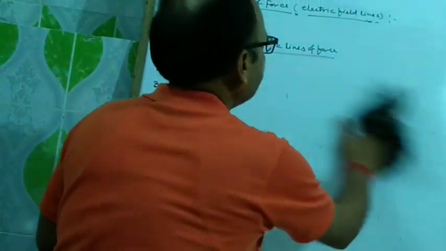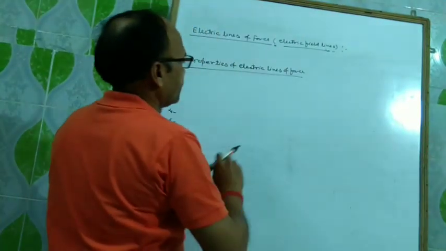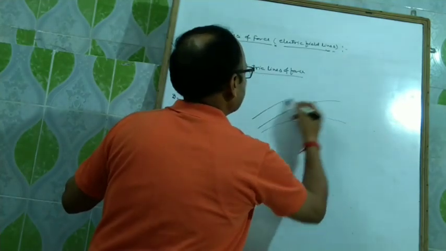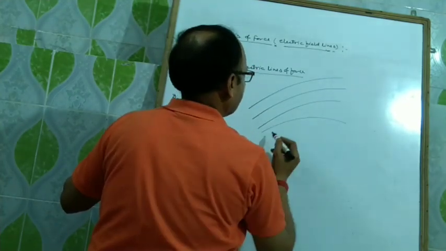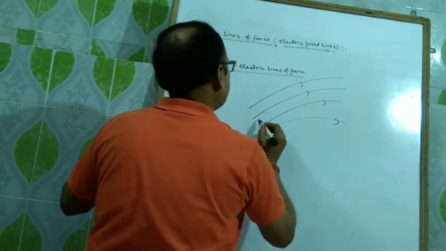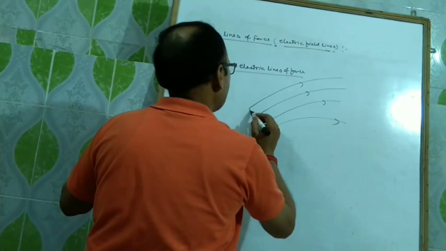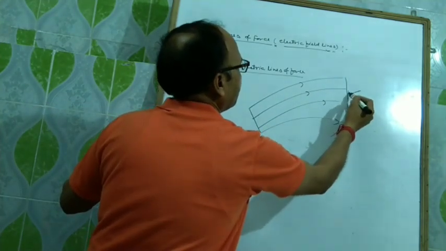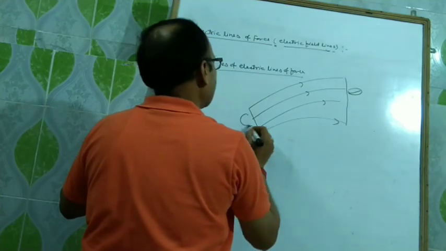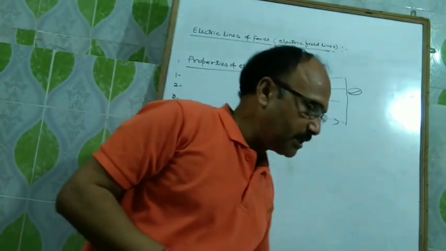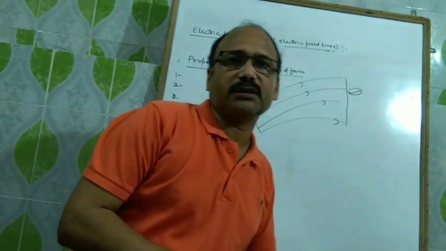For example, suppose this is the position. So at this time you will see the electric lines of force are closer here than at this place. So here the electric field is weak, or here the electric field is strong. So these are the properties of electric lines of force.